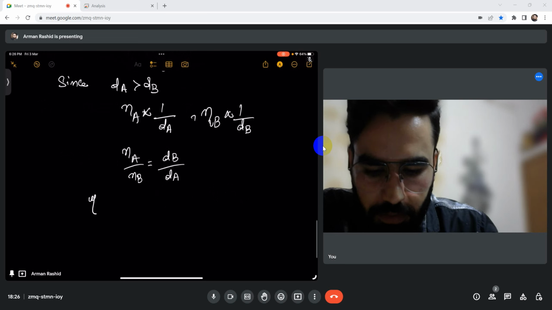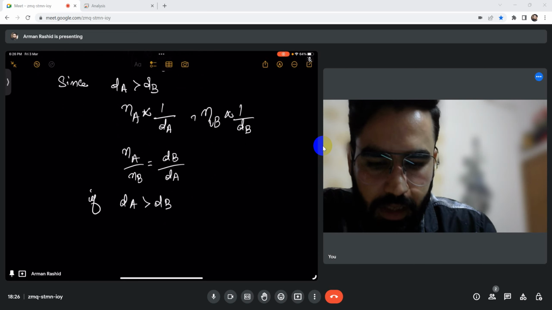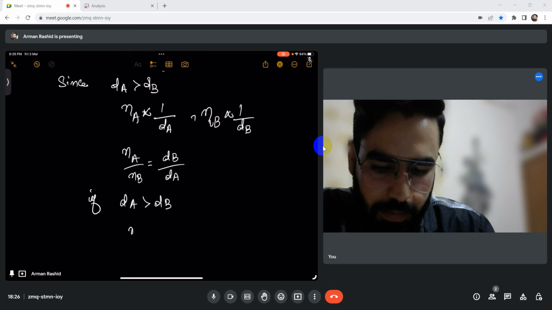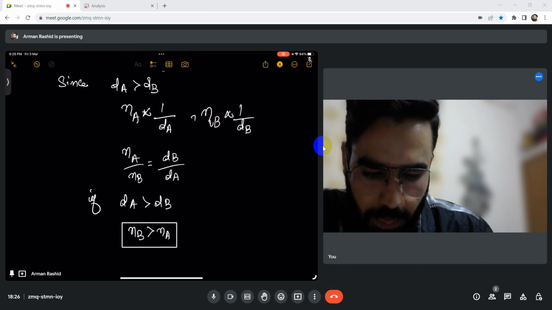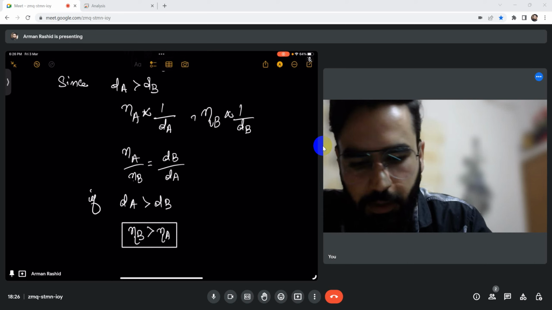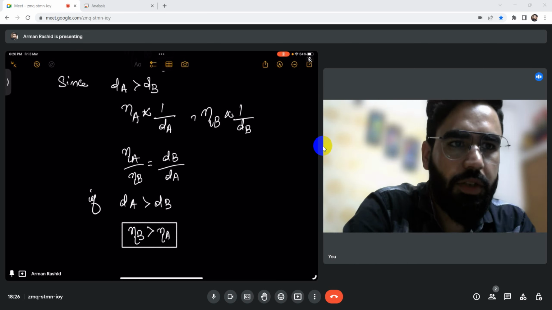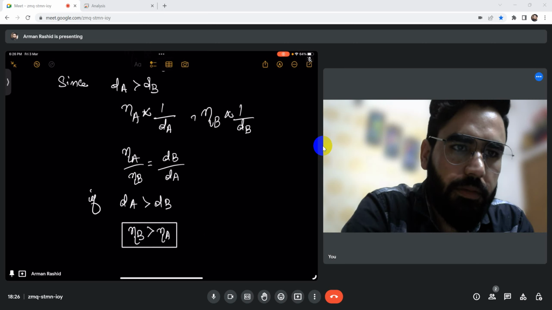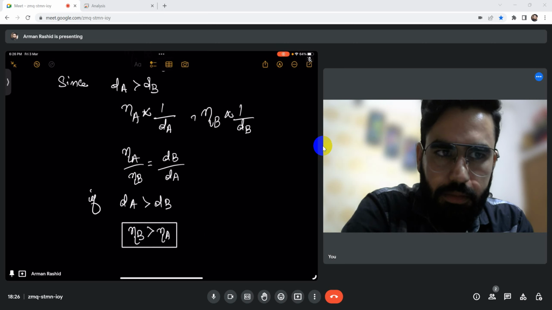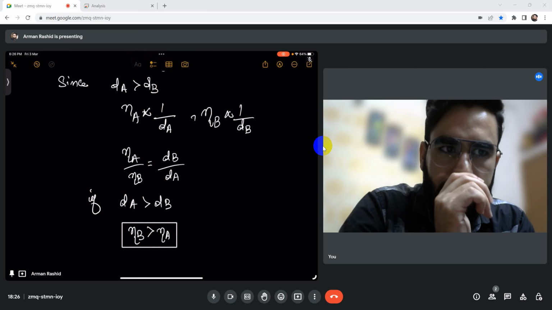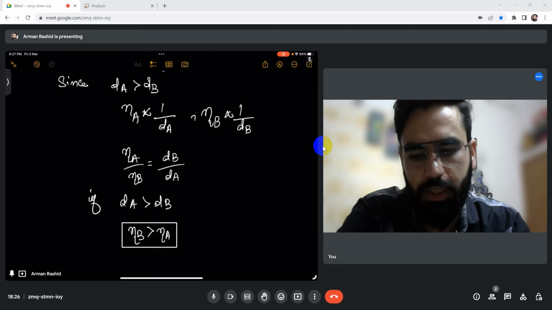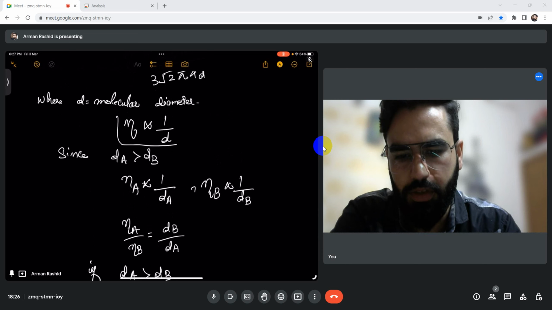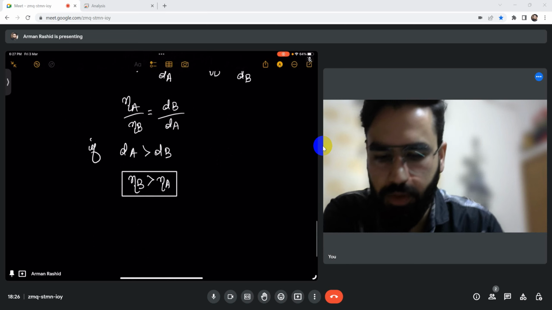If dA is greater than dB, that means eta B is greater than eta A. So the viscosity coefficient of the molecule whose diameter is larger will be smaller, because of this proportionality. That solves our question.